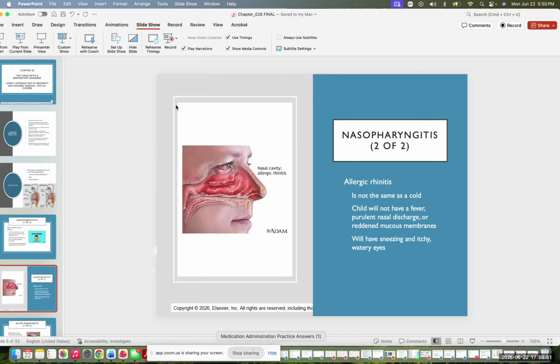Allergies have sneezing, but you don't really sneeze with a cold. Good. Okay, so sneezing, itchy eyes, versus colds tend to be febrile, with low-grade viral fevers, okay?